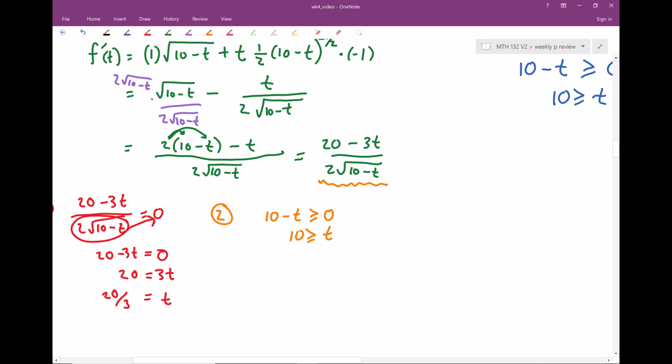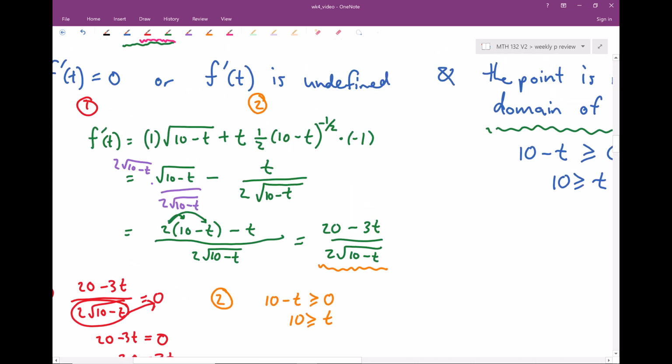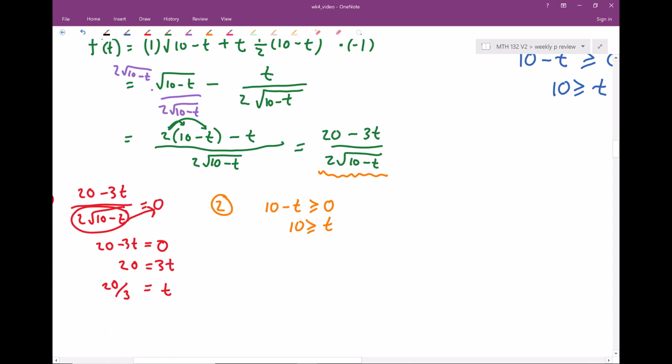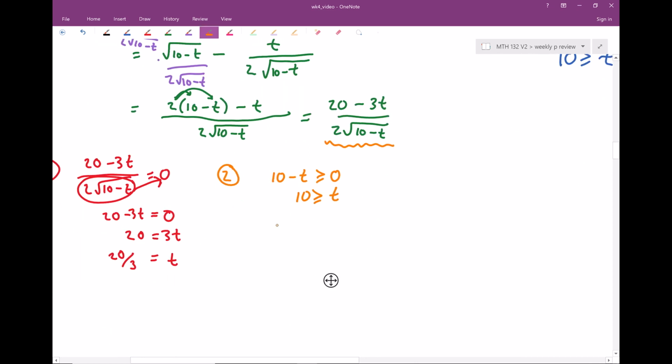But here in the derivative, we also see that we have division. And so we want to make sure that we're not dividing by 0. If we were dividing by 0, then this would be undefined. That's a point of interest. So what would it take for us to divide by 0? Well, our denominator would have to be equal to 0.